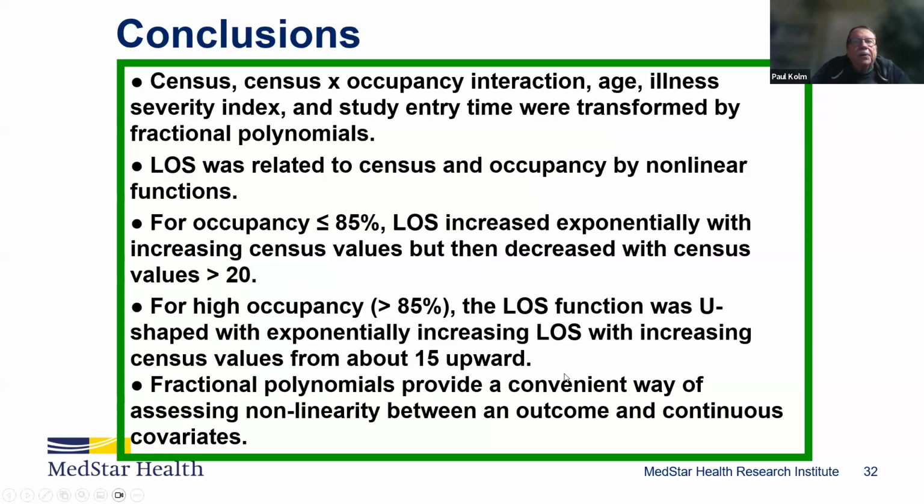But the point here is that even though this looks really complicated, the software that you use basically does all this for you, even plotting the graphs. So if you think you have a nonlinear relationship between an outcome and covariates, fractional polynomials provide a neat way to find that out.